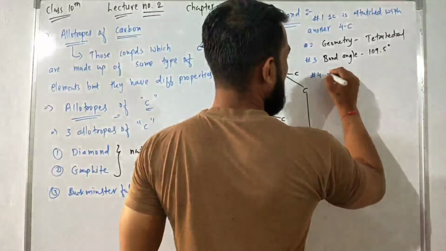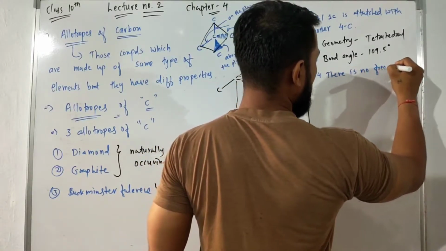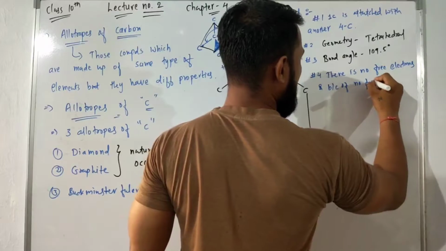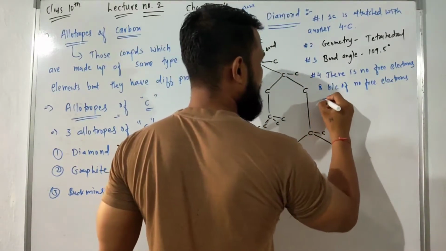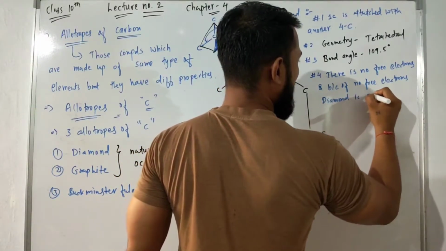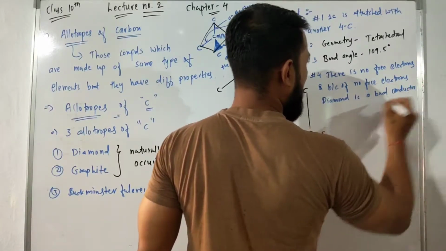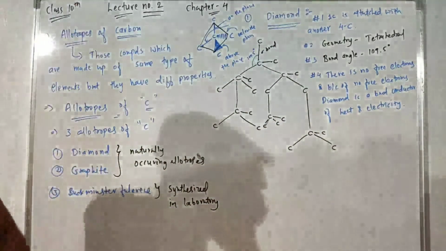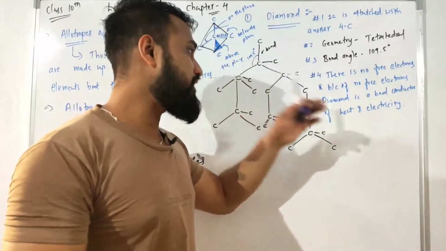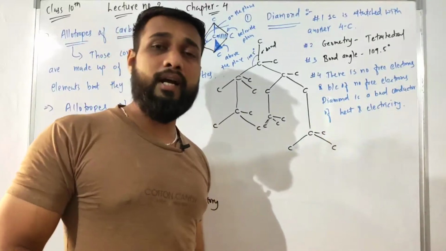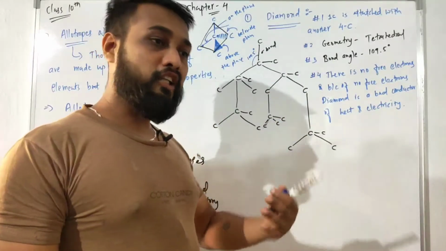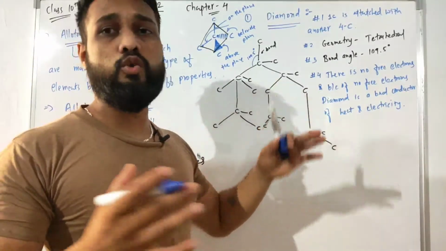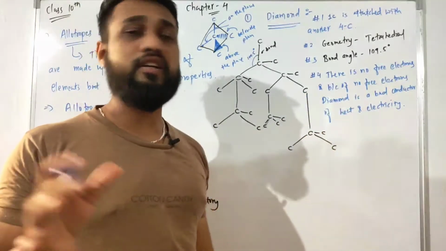So there are no free electrons, and because of no free electrons, we can say that diamond is a bad conductor of heat and electricity. If we have any free electrons, we can say that it is a conductor of heat and electricity, because electricity is passed through free electrons. But here there are no free electrons, so diamond is a bad conductor of heat and electricity.